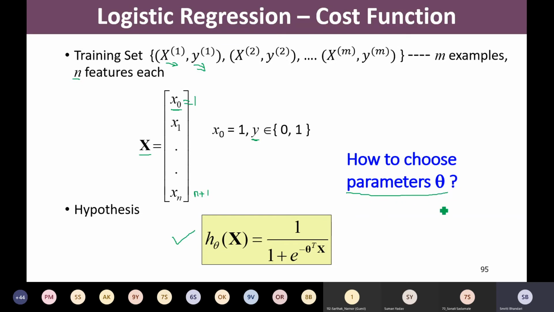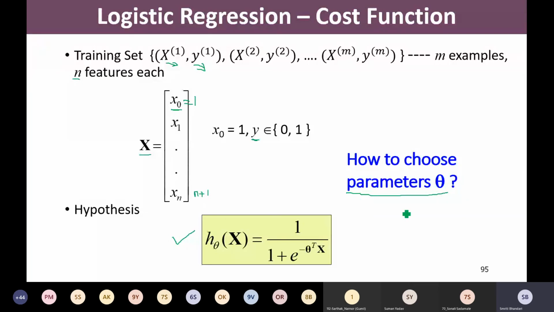We need to automatically come up with these parameters theta that will define my hypothesis h theta x, and this hypothesis helps me find our decision boundary. So we are going to answer now the question: how to choose parameters theta.